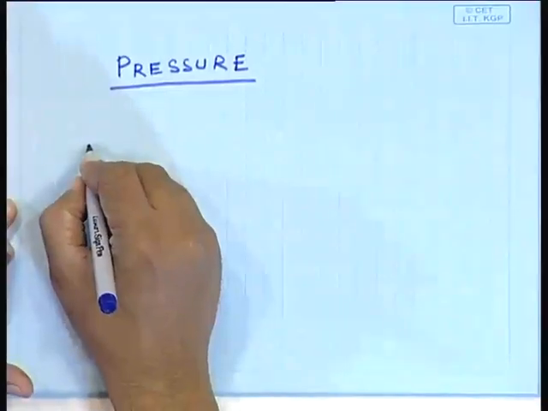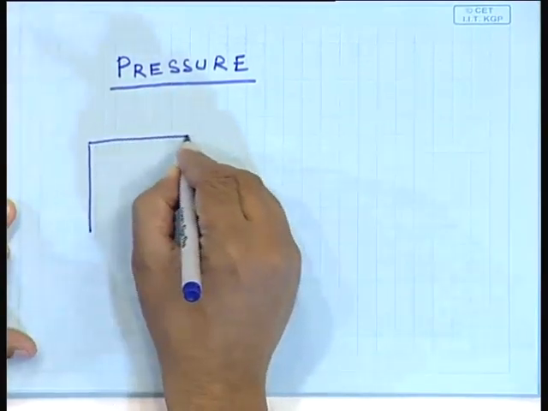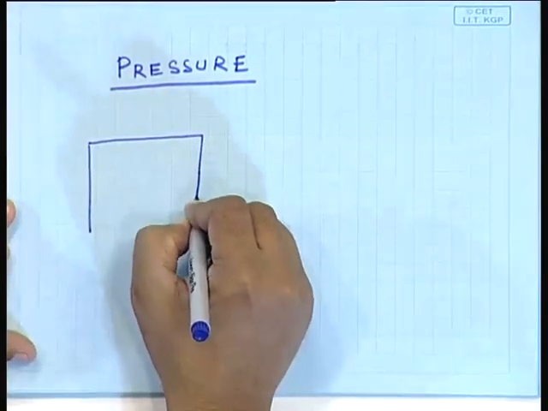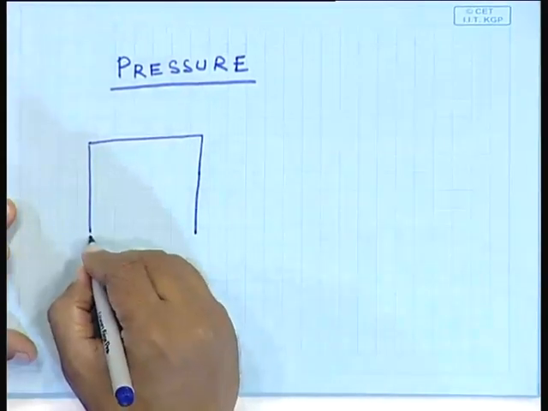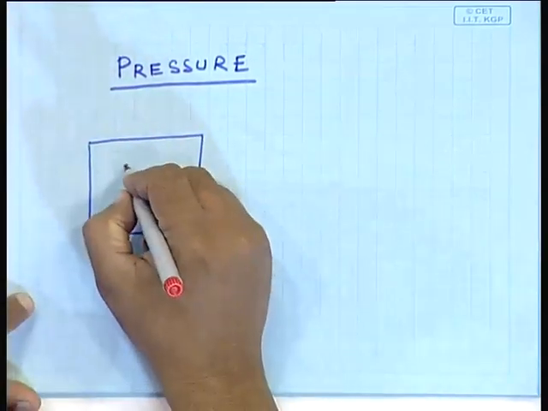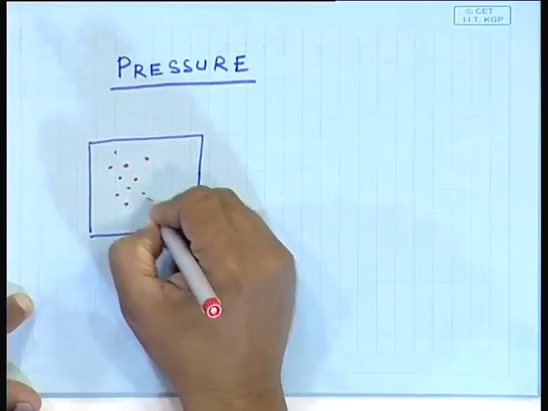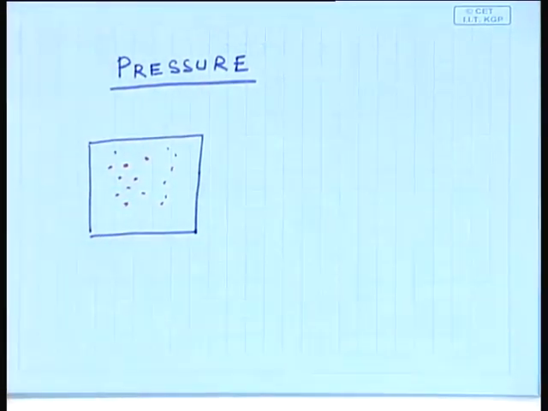Let us consider a box. I have only drawn a section in 2 dimensions. Let us consider a box with particles. So, there are particles inside this box, and it is filled with particles.